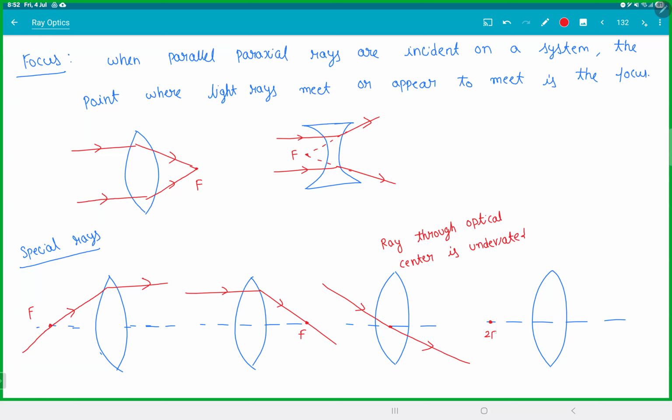If you send a light ray through 2F, it passes through 2F on the other side. The 2F behaves like center, but there's no concept called center in lenses. So these are the 4 light rays.